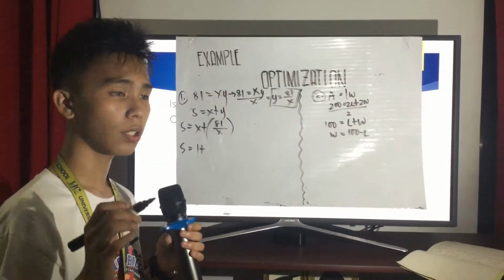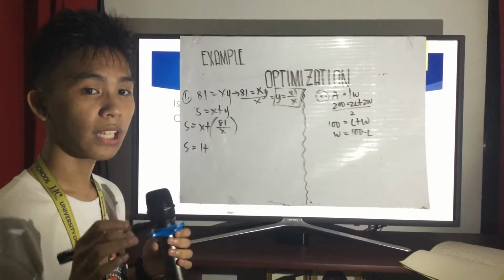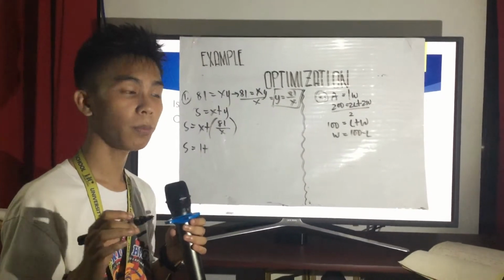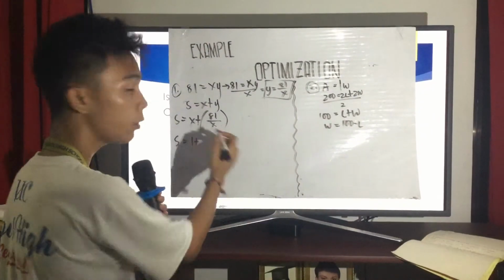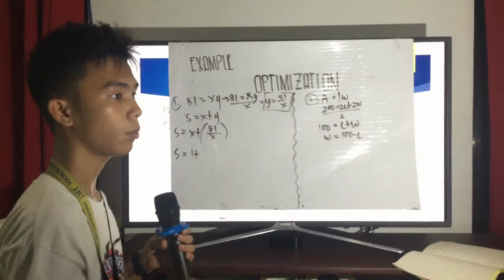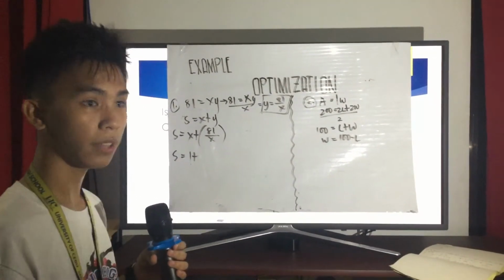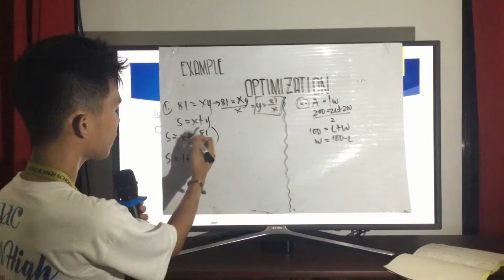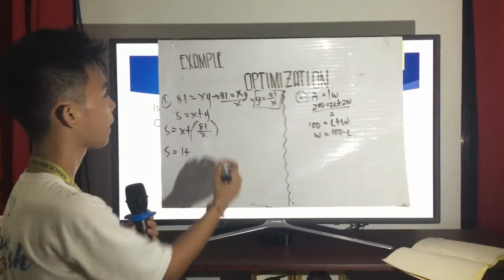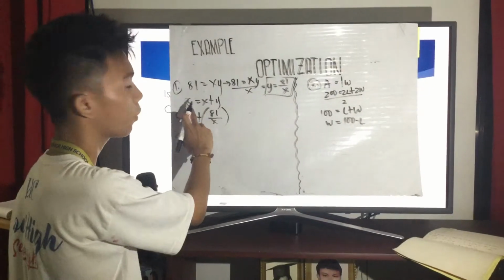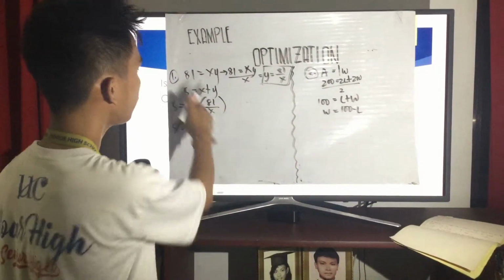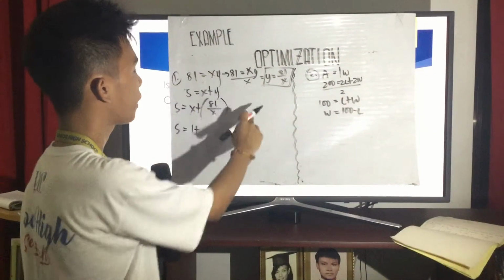Another condition is that the sum of the two numbers is minimum, meaning as small as possible. So we will convert that to a mathematical expression: s is equal to x plus y. Now, this is our reference function and this is our objective function.